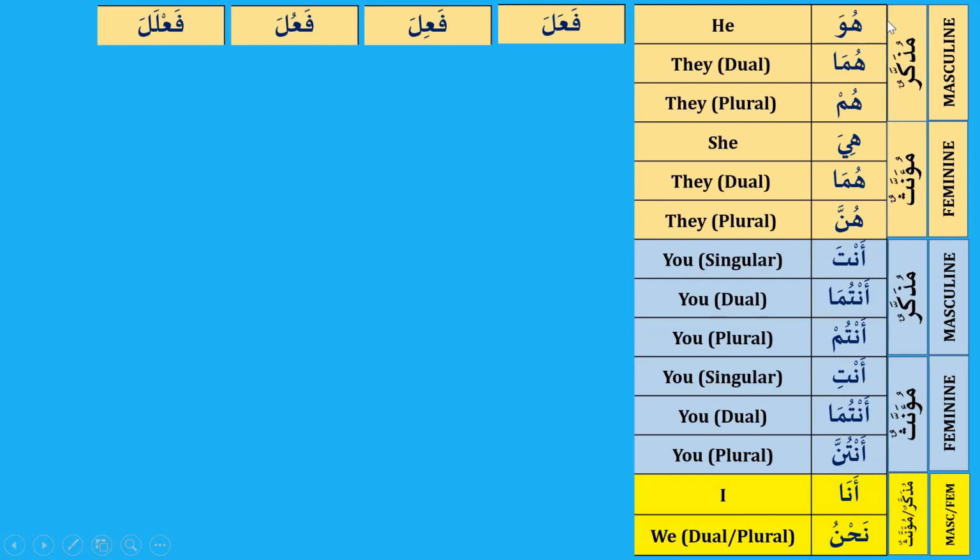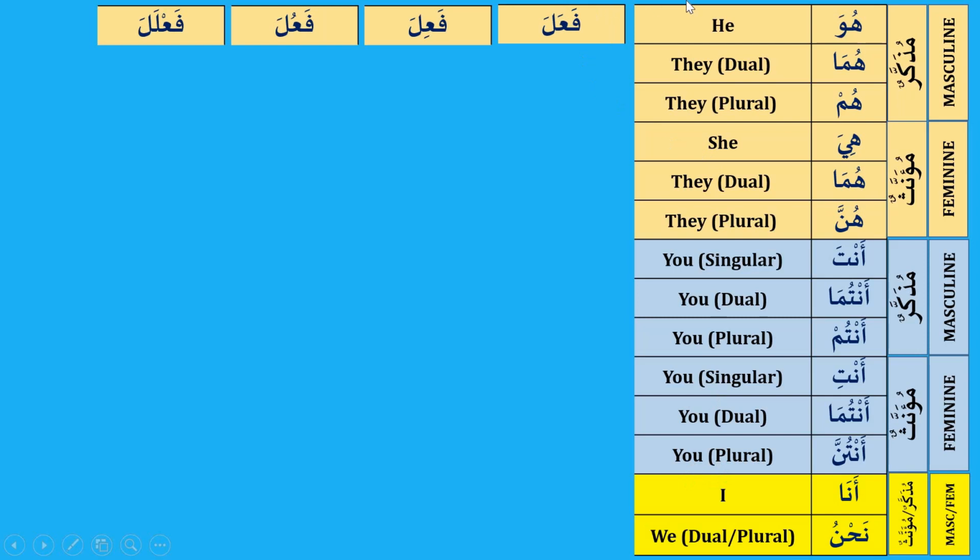First three rows are mudhakkar, third person, and the second three rows are muannath, third person, and the next three rows are mudhakkar, second person, and the next three rows are muannath, second person, and the last two rows are first person, mudhakkar and muannath.